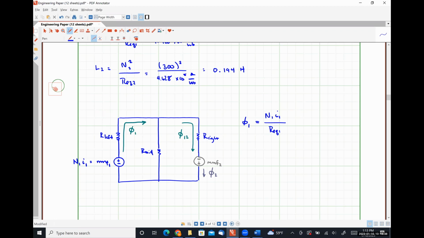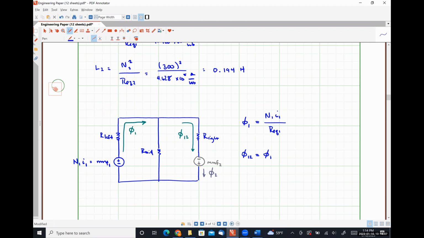Now I'm going to figure out what portion of that flux splits off and flows through that rightmost branch. I'm going to do that using effectively current division. So phi 1, 2 is going to be phi 1, and now I apply the current division. When we have two things in parallel, what are the rules?